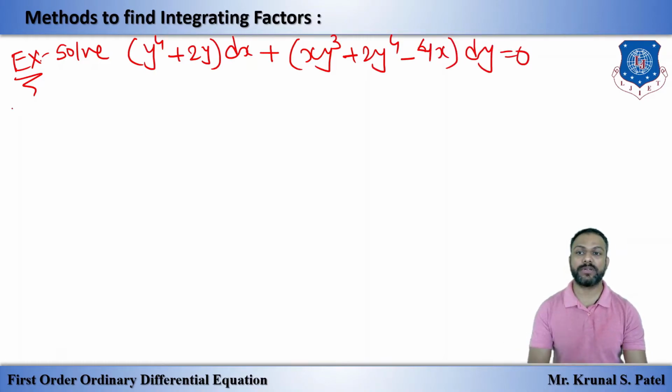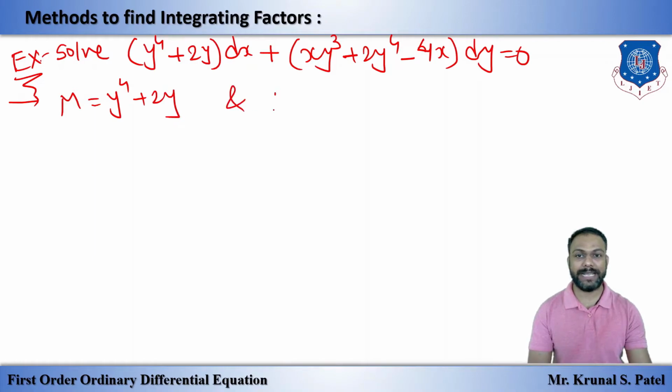Okay, so now first we will start with m is y raised to 4 plus 2y, and what is n is xy cube plus 2y raised to 4 minus 4x.